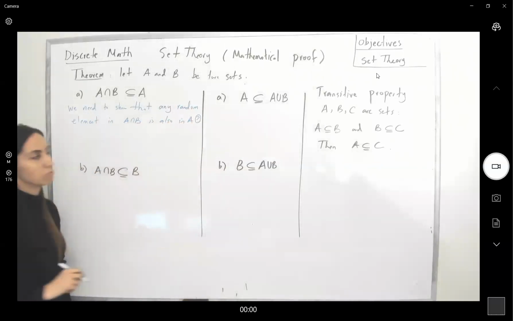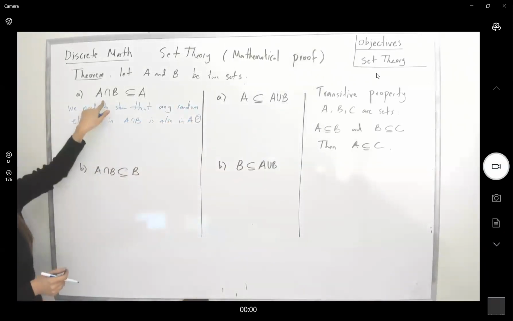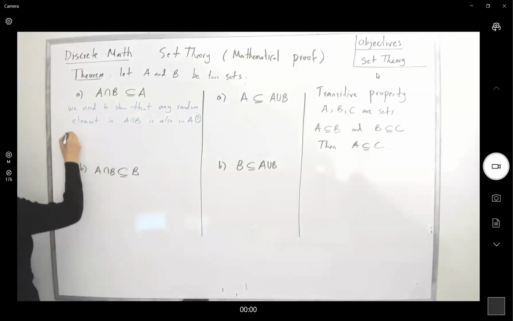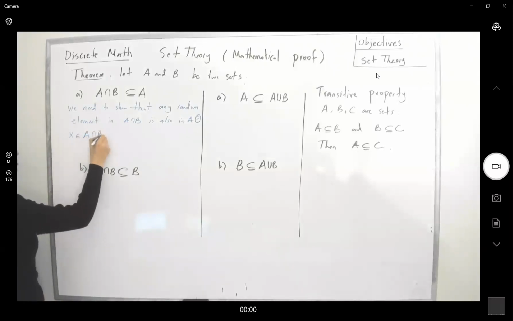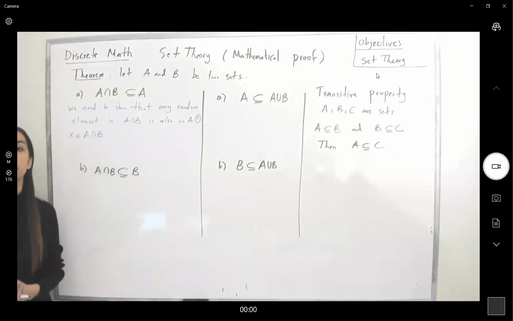Okay, so let us take a random element in A intersection B. X belongs to A intersection B. What's the meaning of that?